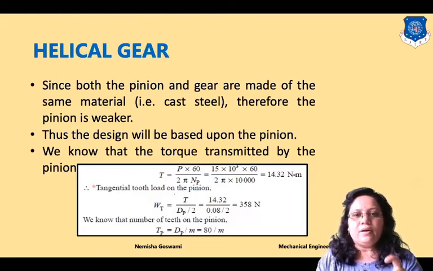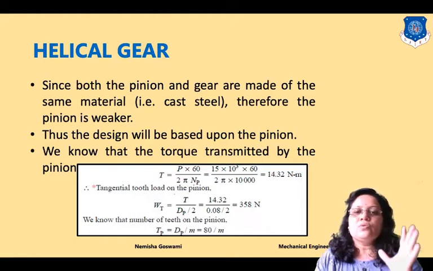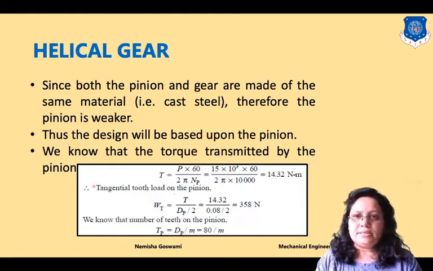The weaker will always be the pinion, okay? On the weaker part we always do the design procedure. So here I have a note, you can see, since both pinion and gear are made of the same material, cast steel, therefore the pinion is weaker, right? Thus the design will be based on the pinion.